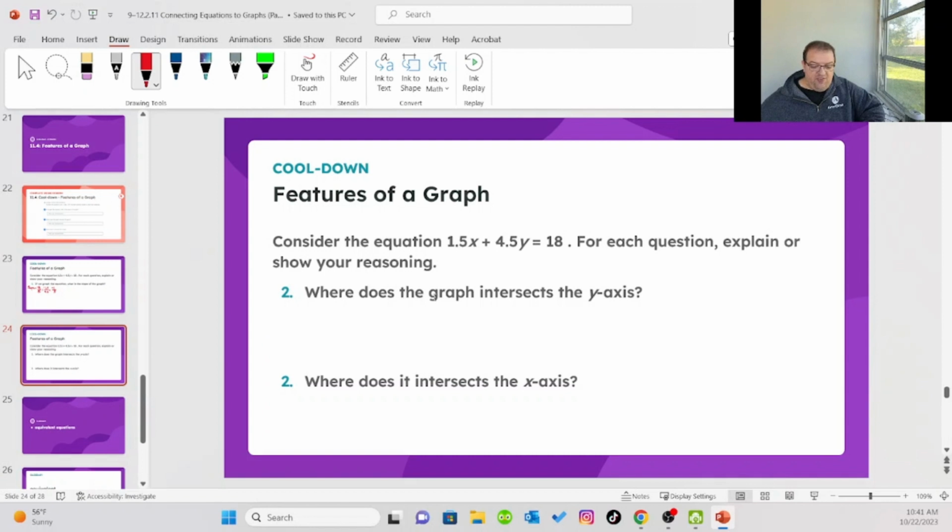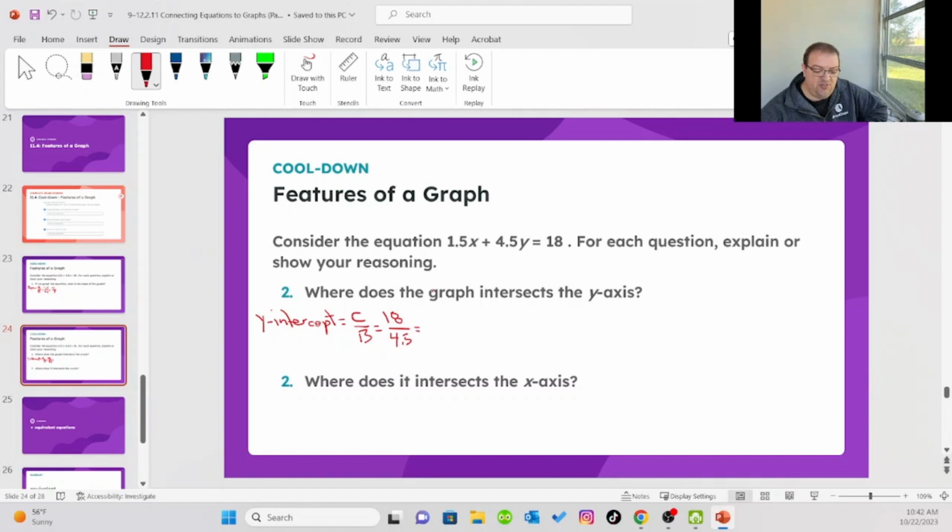Where does the graph intersect the y-axis? It intersects the y-axis at the y-intercept. We know that y-intercept is c divided by b. So that is 18 divided by 4.5.